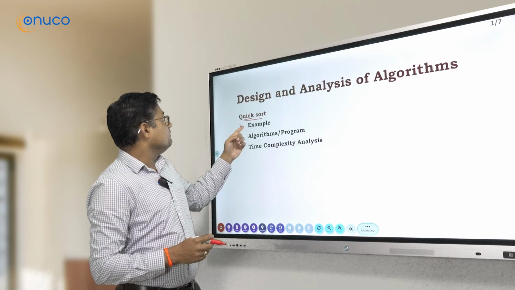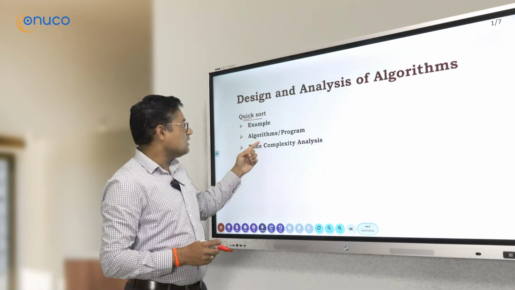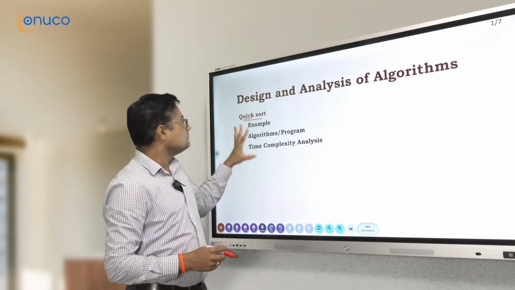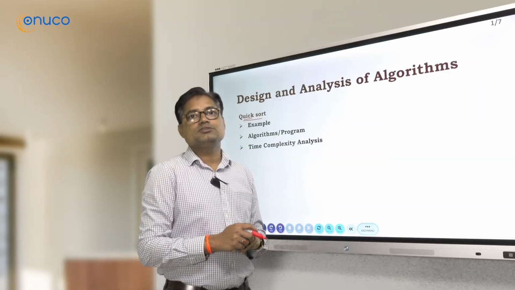Then we are going to discuss, based on examples, the algorithms or programs and time complexity analysis, in a similar fashion. But what is the difference between merge sort and quicksort?